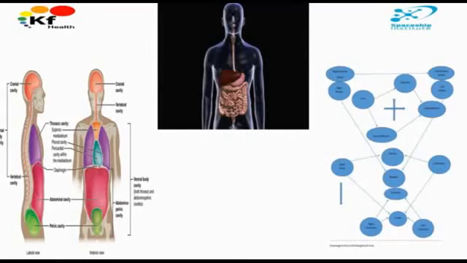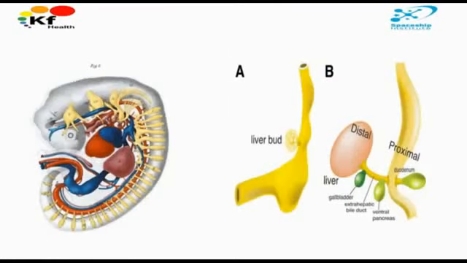The next slide is the embryology of the liver. In the embryo, as you see, in the 36th week of embryo development the liver appears on the foregut tube. On the left side, you see the origin place of the liver and heart, which are so close to each other.